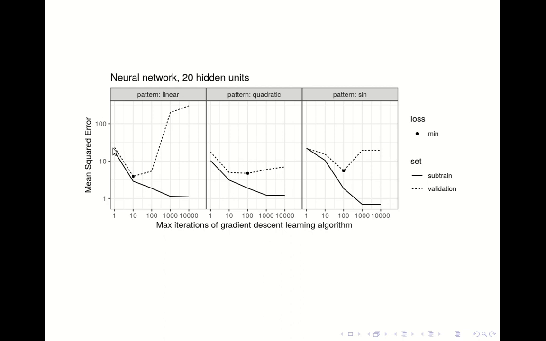We haven't really fit the subtrain data set very much at all, so we haven't had a chance to overfit. But as we increase the number of iterations, we see that they both go down up to a certain point, but at some point the validation error starts going up, and that's where we say we start overfitting. And that's bad again, because we're doing worse on held out test samples, and that's our ultimate goal in the end.